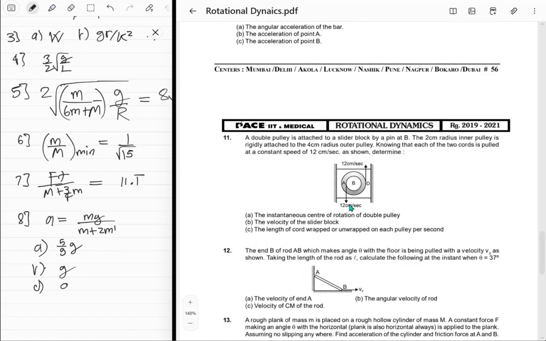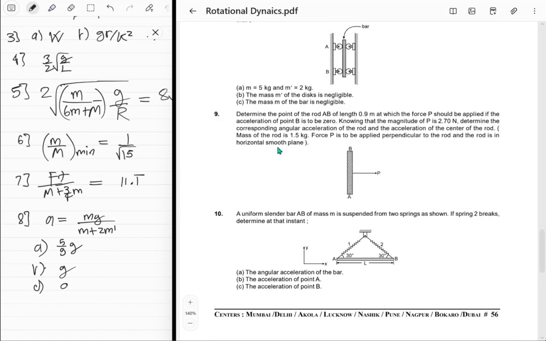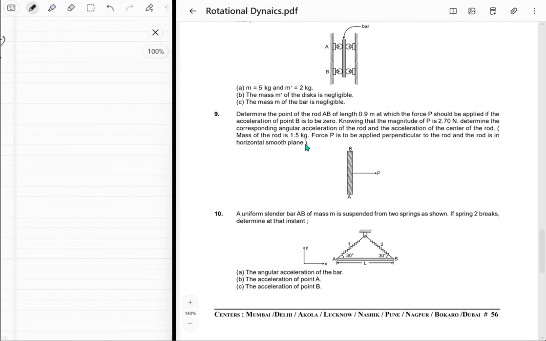Okay, that's awesome. So to the 9th question. Determine the point of the rod AB of length 0.9 meter at which the force P should be applied if the acceleration of point B is to be 0. So point B's acceleration is to be 0.